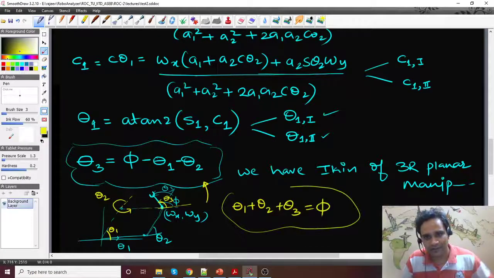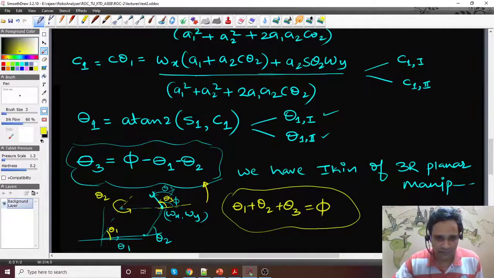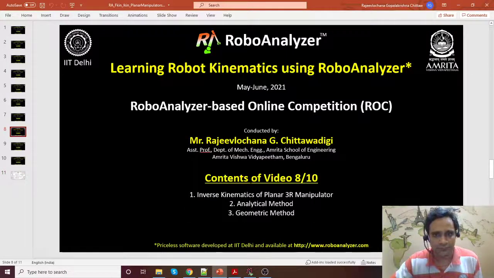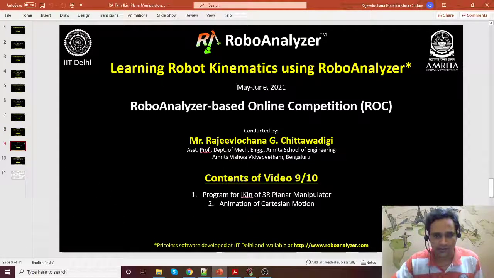So those angles have to be consistently obtained. So with this we have the inverse kinematics formulation done for the 3R manipulator. In the next video we'll look at the inverse kinematics MATLAB formulation. Okay, thank you.